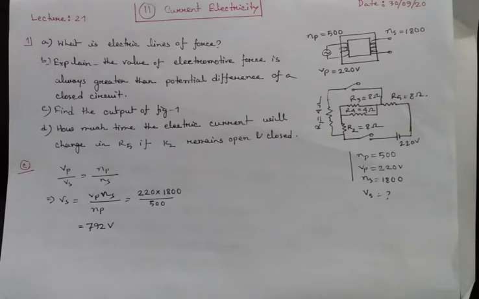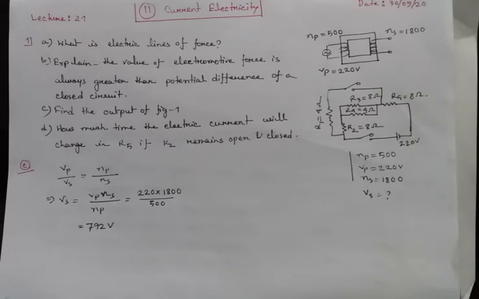Output means, as in input the primary voltage is given as 220 volt, we have to measure the voltage for the secondary, that means Vs. And as we know, voltage and number of turns in a transformer are proportional, so we can write Vp by Vs equals Np divided by Ns, and from this equation we can easily find the output, that means the voltage of the secondary winding, Vs, which after calculation will be 792 volt.